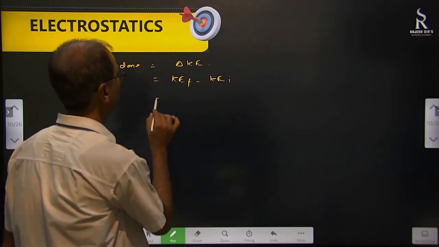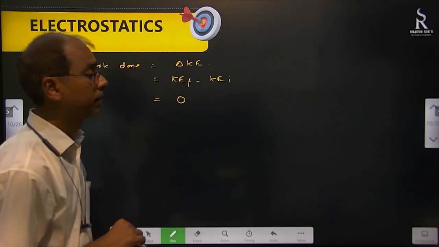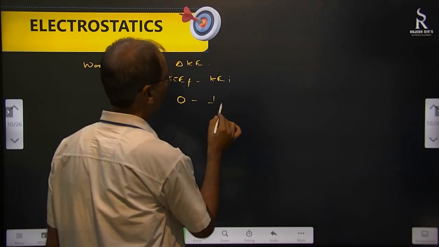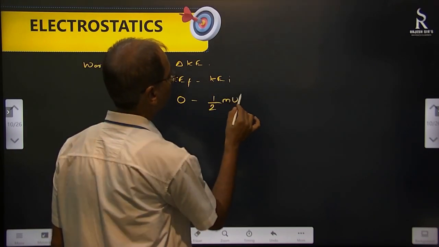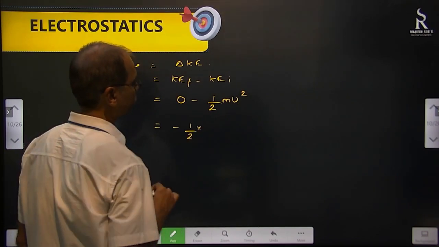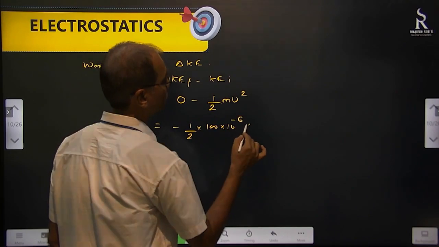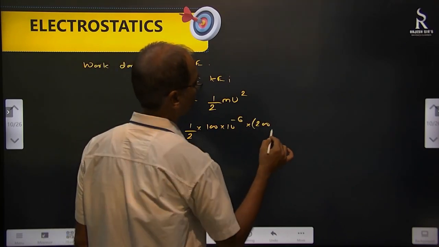So this is 0. Initially we can write half mv square, or half mu square rather. So what it is? Minus 1 by 2, 100 milligrams, so 100 into 10 to the power minus 6 into 200 square.